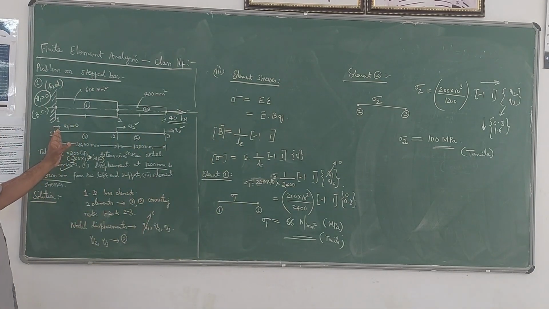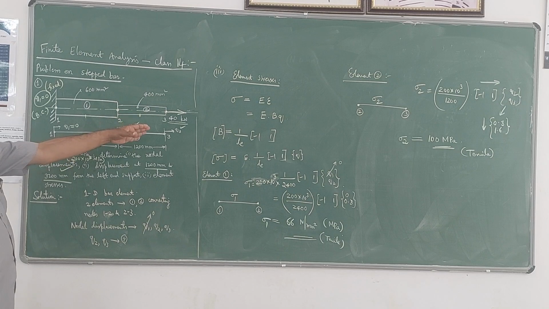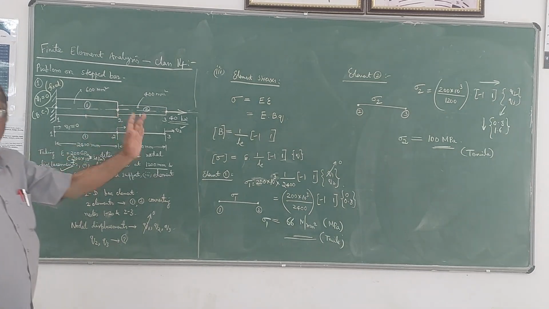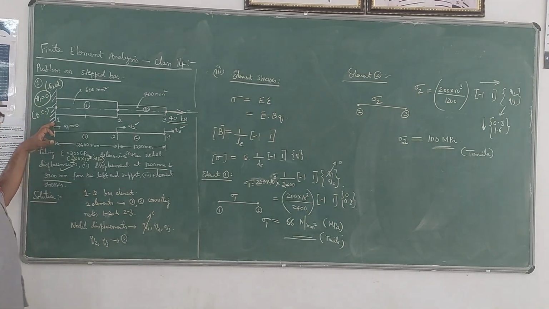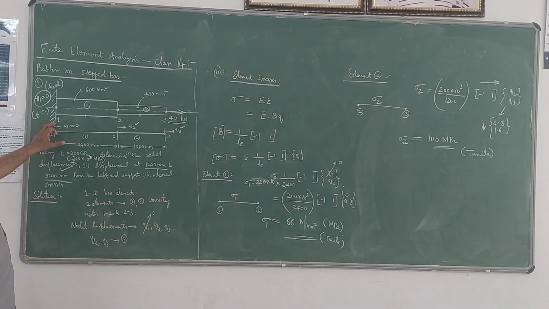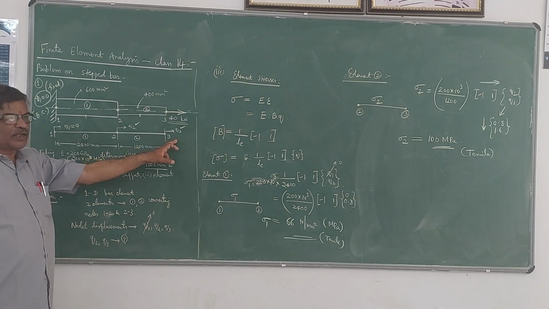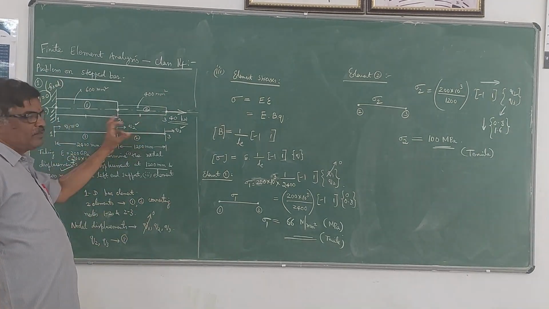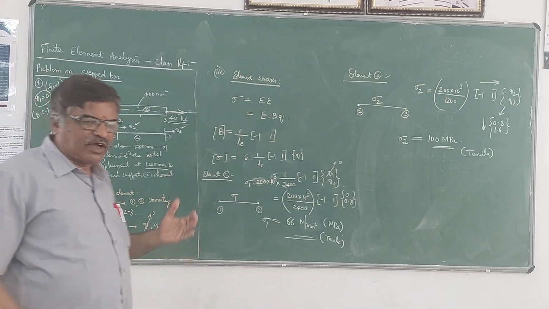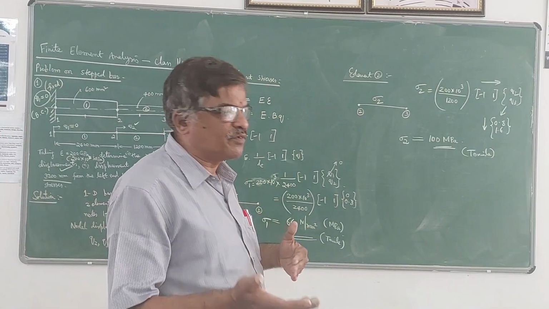First, we have found out the nodal displacements. There are 3 nodal displacements, out of which one is 0 because it is a fixed end, there is no displacement there, only unknowns are Q2, Q3. So we have written the stiffness matrix of both these two elements separately, the element stiffness matrix, then we have combined it to get the global stiffness matrix.